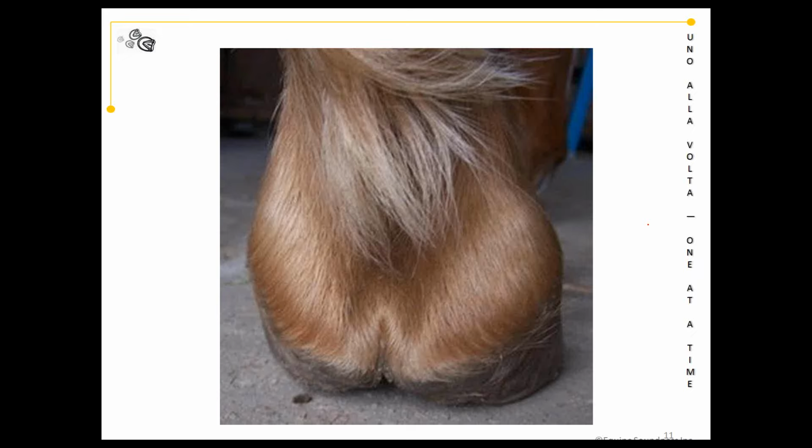A contracted hoof, and this is a general statement, is one whose form has been altered so that part or all of the hoof either does not expand on weight bearing or actually becomes more narrow on weight bearing. We are only concerned with what happens with the hoof on weight bearing, always.